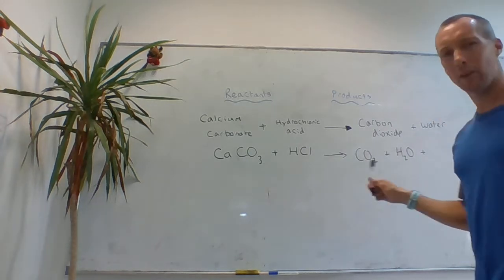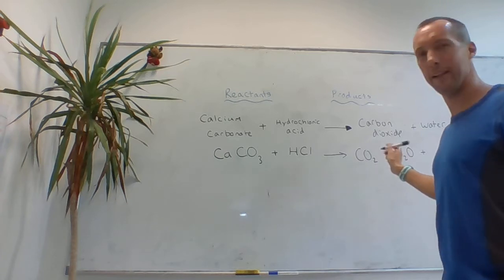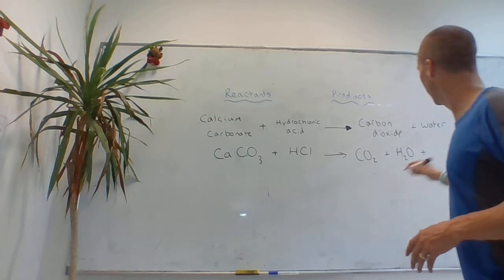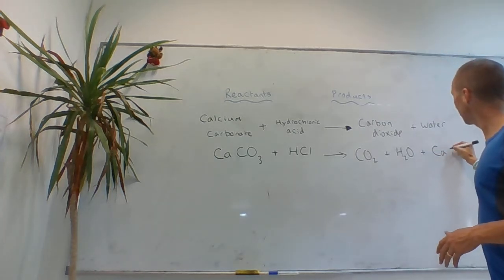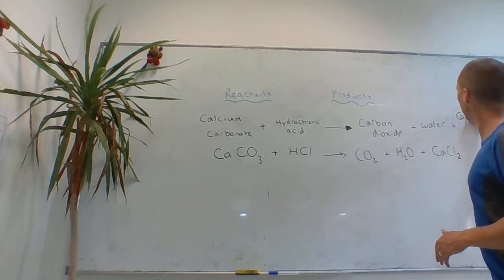But obviously, there's 2 elements we haven't accounted for yet. We've got carbon, oxygen, and hydrogen on this side. 2 that we haven't yet got in are calcium and chlorine. Okay, so we're going to put calcium and chlorine together. Okay, CaCl2. Okay, and we call that calcium chloride.